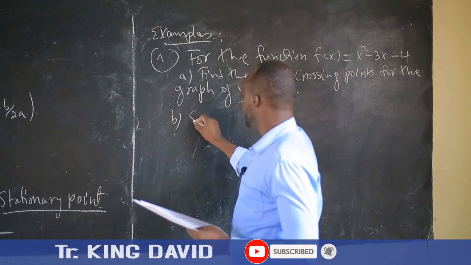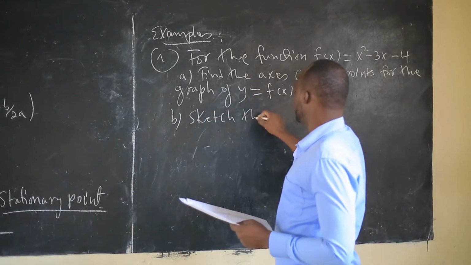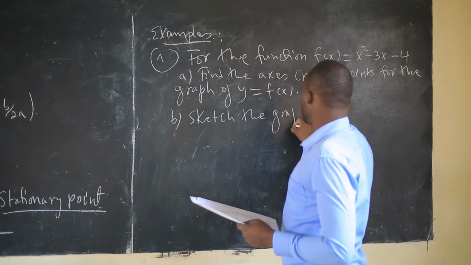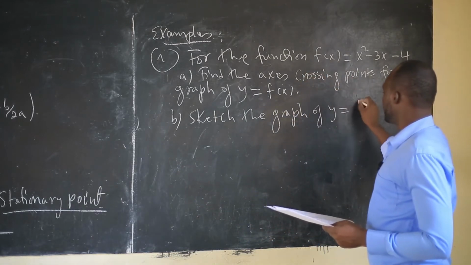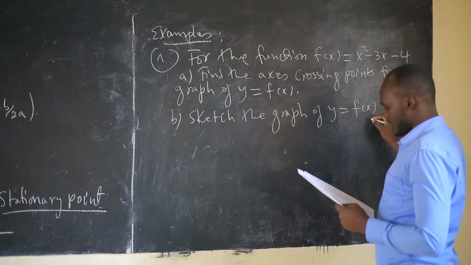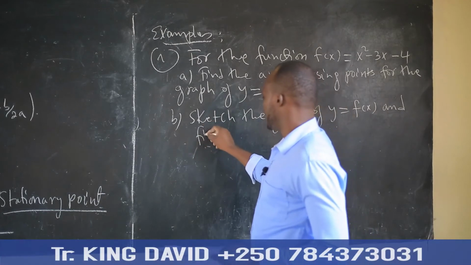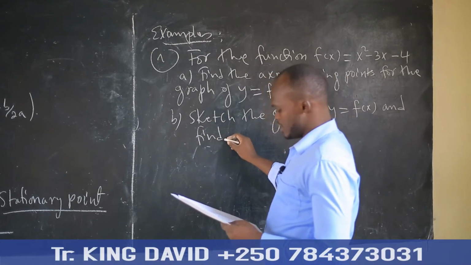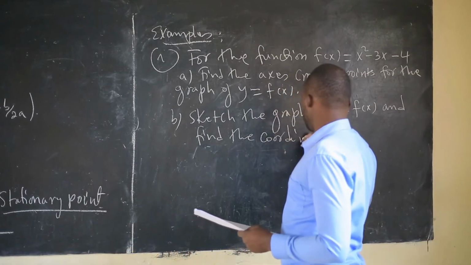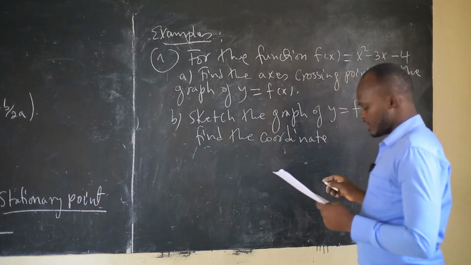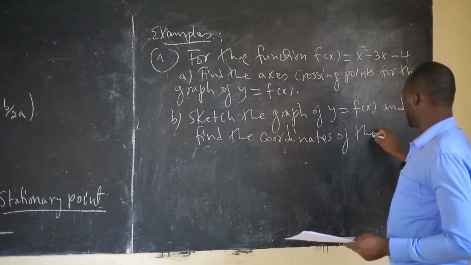B, sketch the graph of y equal to f of x and find the coordinates of the vertex.